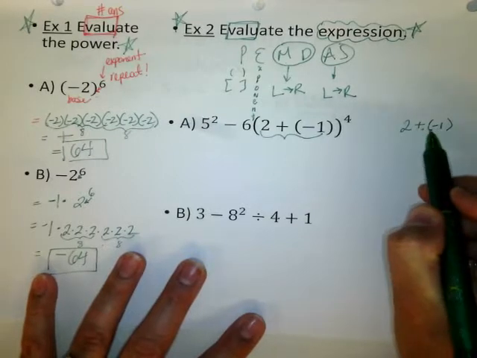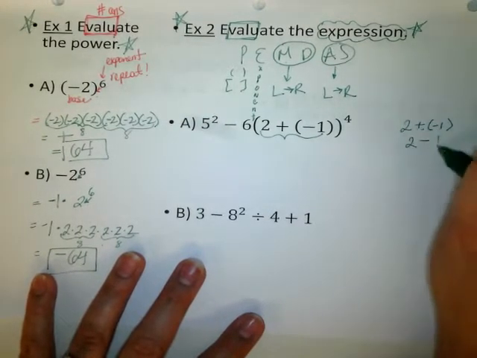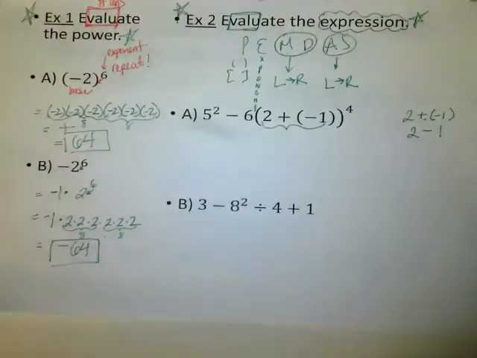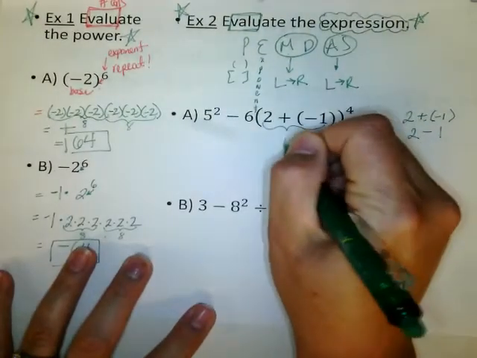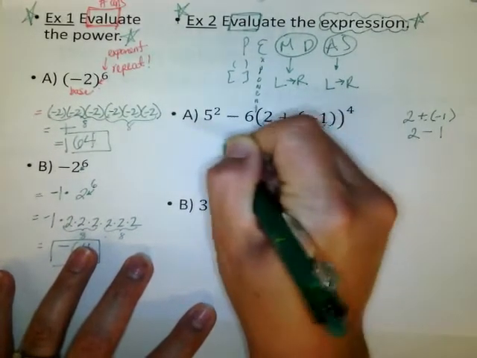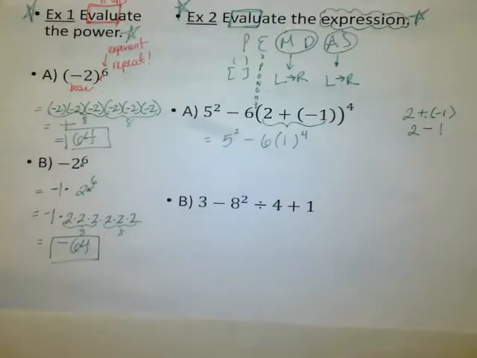What is a positive times a negative? Negative. It's just 2 minus 1. All right? We should never see double signs, okay? 2 minus 1 is 1. We still have that power of 4, a 6, a negative, and a 5 squared. Now, if you can, I'm showing all my steps, but perhaps you can do this faster. That's fine, okay? What do you do next?